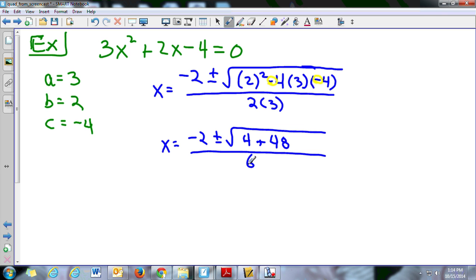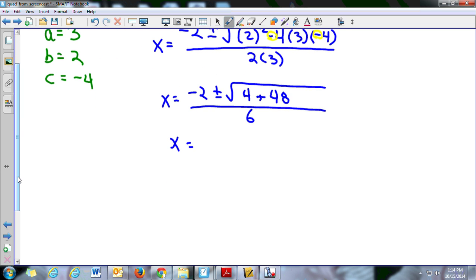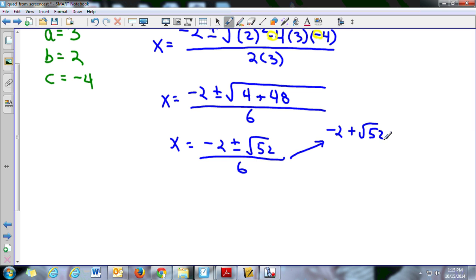As we continue to simplify here, we get negative 2 plus or minus the square root of 52 all over 6, which means we really have two answers. Negative 2 plus the square root of 52 over 6, and negative 2 minus the square root of 52 divided by 6.